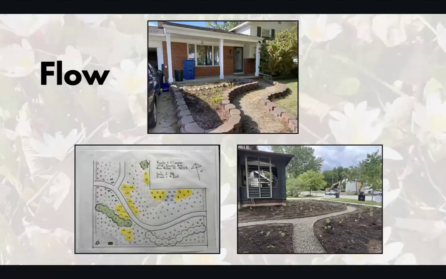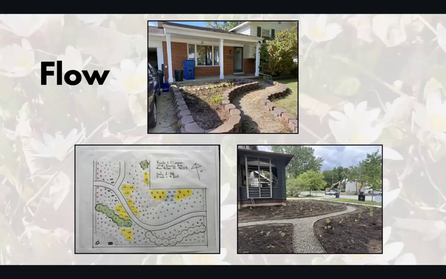So the next aspect of aesthetics is flow. And I like to think of this in two ways. One is how people are moving through the garden. There's a certain energy that all landscapes have, and that energy guides you where you're going. In all of my friends' houses, even clients' houses, you can just feel the path as it's moving.